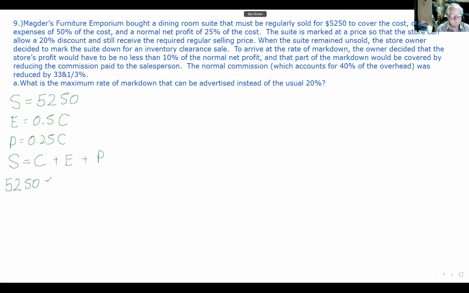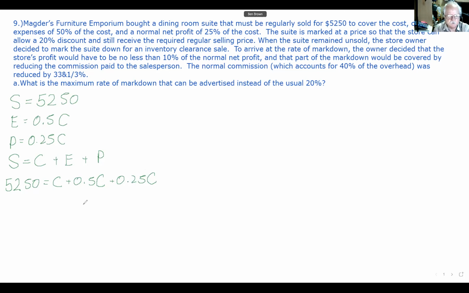5250 equals cost plus 0.5 cost plus 0.25 cost. So these can all be added together. We've got an invisible 1. So 1 plus 0.5 plus 0.25.